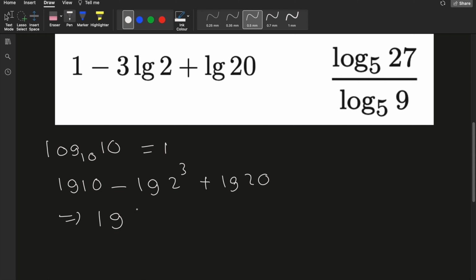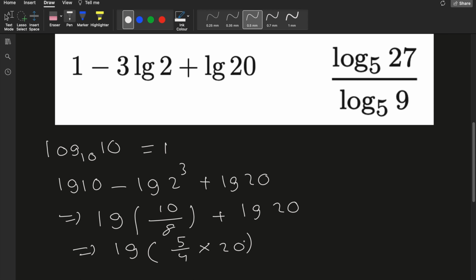So that would be log 10 divided by 8 plus log 20. Okay, so we can write this as log 5 by 4 times 20. So this would be 5 into 5, giving log 25. So that's our answer for this question.